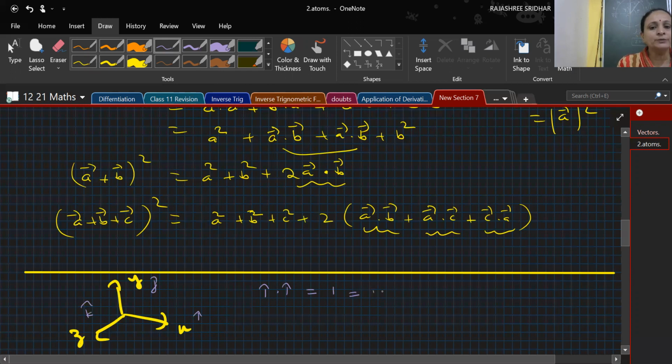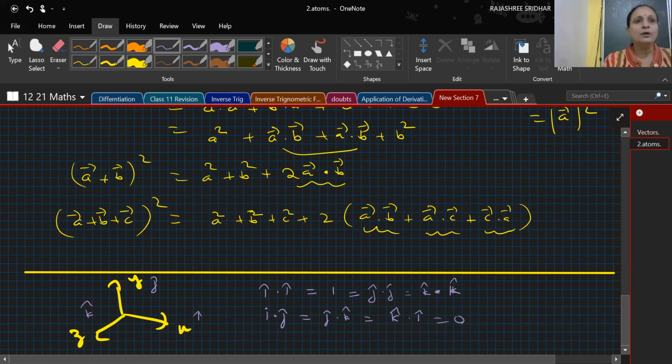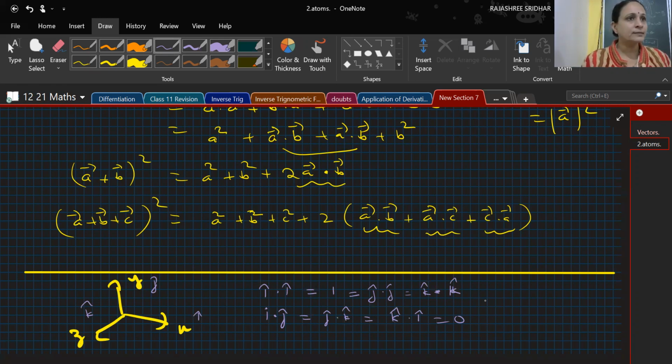That is also equal to j dot j, and that is also equal to k dot k. And you will have i dot j, and that is also equal to j dot k, and that is also equal to k dot i, and each will be equal to 0 because the angle between each of these vectors is 90, and cos 90 we all know is equal to 0. So i dot j, j dot k, k dot i, each one of them will be equal to 0. Is this clear? Right?